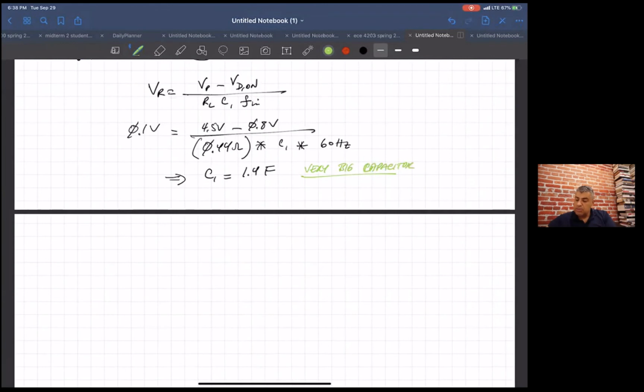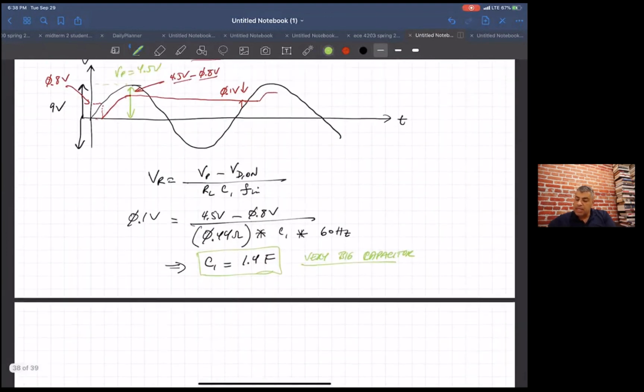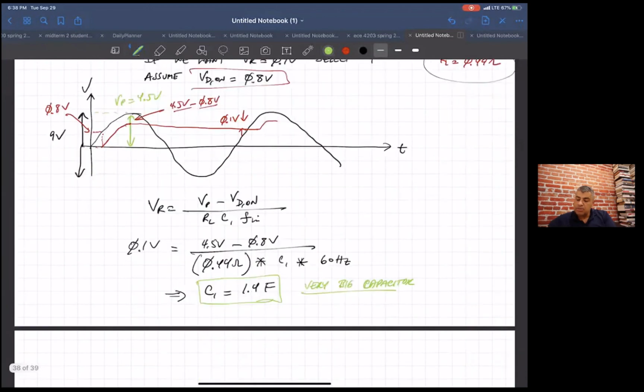Okay, so at this point maybe this is the time to go back and talk to the designer of the circuit you're driving, the laptop, or maybe we should have done that to begin with in the design cycle, and say, look, 0.1 volt ripple is just going to make this too expensive.